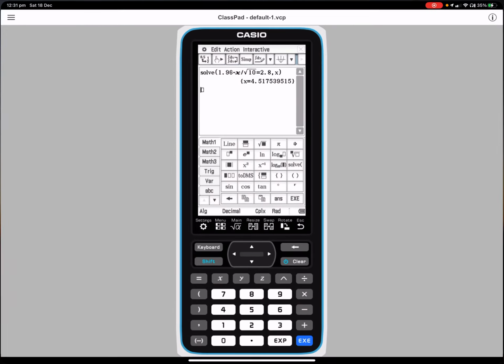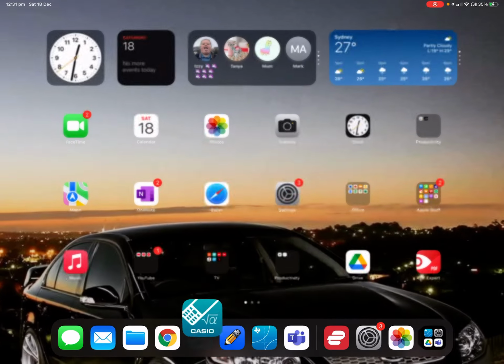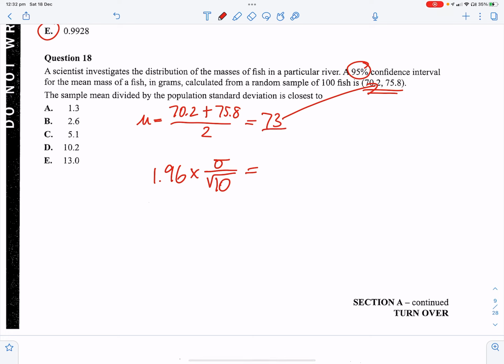Is that right? Oh, I stuffed it up. So if I did 73 divided by that, 16.16. Something's not right. Where are we? 1.96 times the standard deviation on root 10 is equal to the difference between those two, which is 2.8.